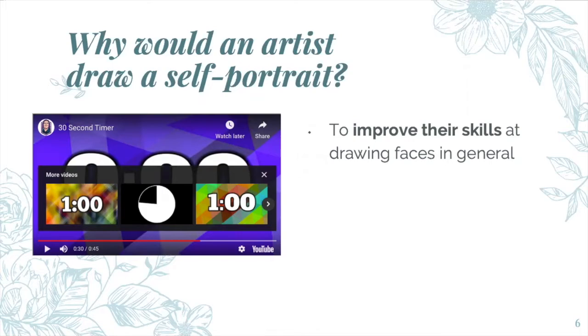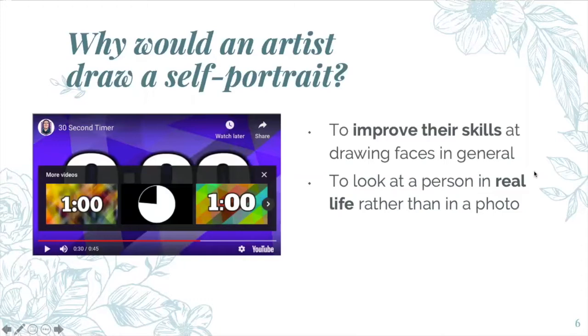And the reason it's so important is because everything in the world is shapes. That's how we draw. We draw through shapes. And so on our faces, there are a lot of shapes that we can learn how to draw. And proportions are really important when you're drawing a self portrait. So it helps us learn the relationship between two different objects.